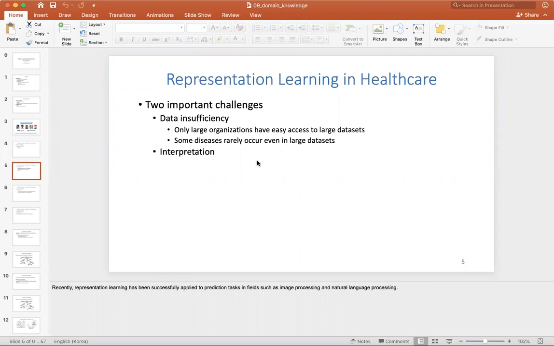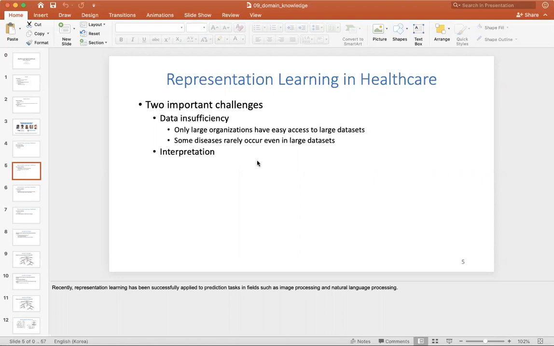So it's not always the case that you have thousands of patient records in your hand. And in the case of rare diseases, even if you're a national-level hospital, you don't have thousands of occurrences of that specific rare disease, because it's called a rare disease for a reason. So data insufficiency challenges arise in multiple locations.